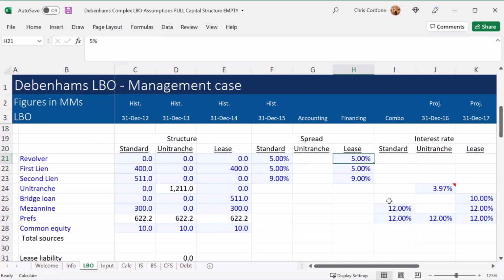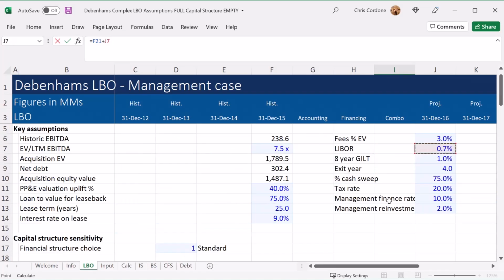I want to just go up and calculate what my borrowing costs are going to be. Here for the capital structure, we see, again, the same standard, unitranche, and lease choices. The unitranche capital structure is going to be handled a little bit differently. The standard capital structure is basically a spread over LIBOR. So we've got the spread here in the middle column, and so our total interest rate for these is going to be equal to the standard spread plus the LIBOR, which will anchor.